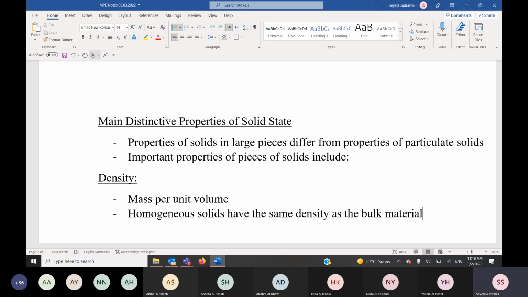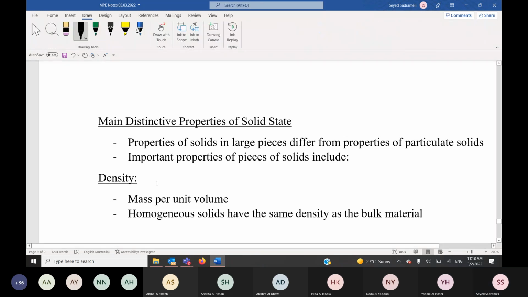So for the homogeneous system, we assume that the density of the bulk materials is the same as the density of the particles. But for the non-homogeneous or heterogeneous mixture, the density of the bulk changes. It is not the same as the density of the particles.